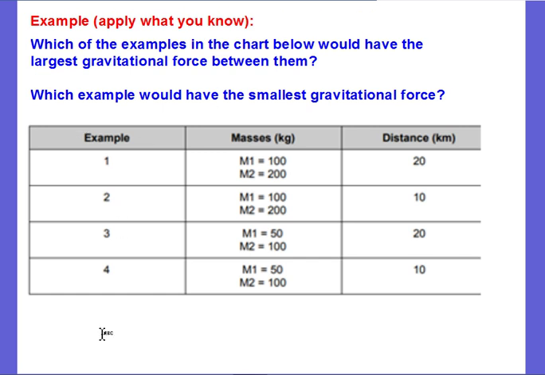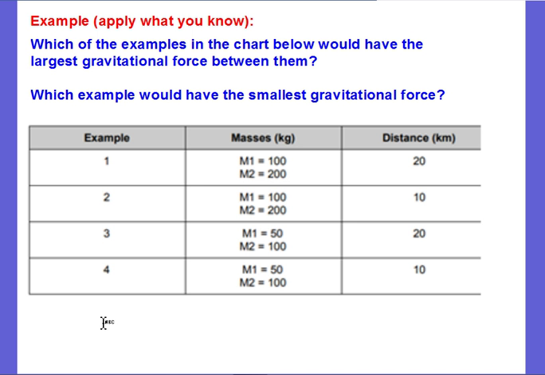So before you go on to the next slide, or before you continue watching this video, you should pause this and see if you can figure this out before I show you the answer, okay? If you look at this chart, which of the examples in the chart below would have the largest gravitational force between them? And which one would have the smallest gravitational force? Keep in mind what we just said.